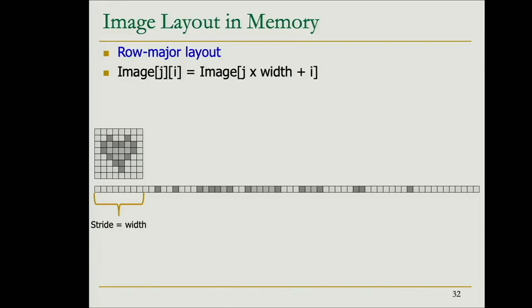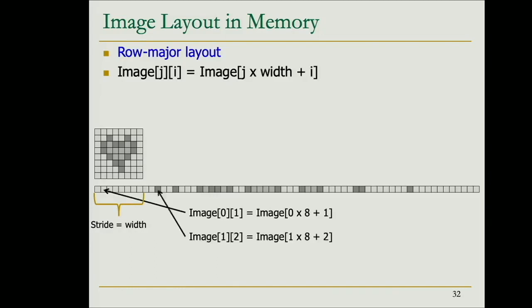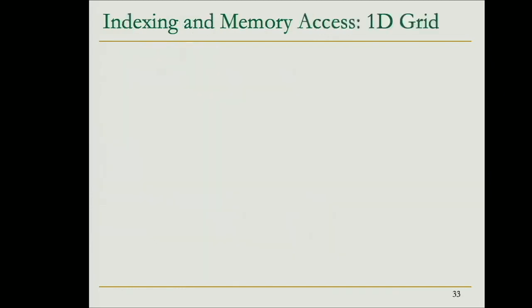So whenever we are talking about image element [j][i], it's actually in memory image[j times width plus i]. For example, this is image[0][1], so it's actually element 0 times 8 plus 1. Or this one, image[1][2].